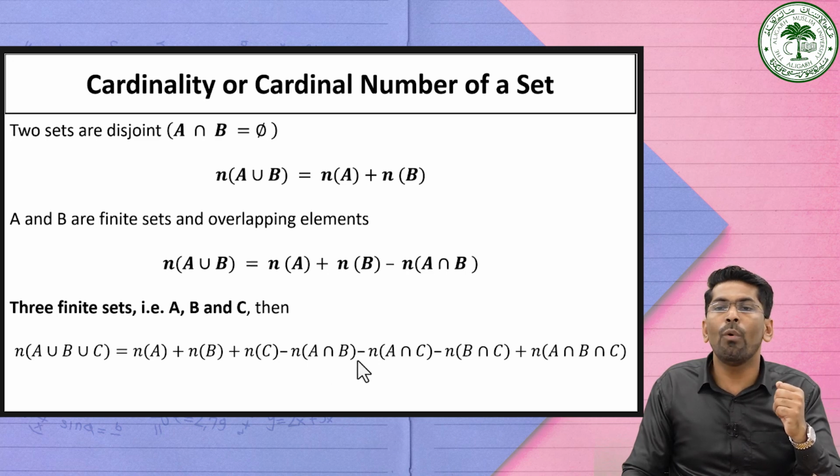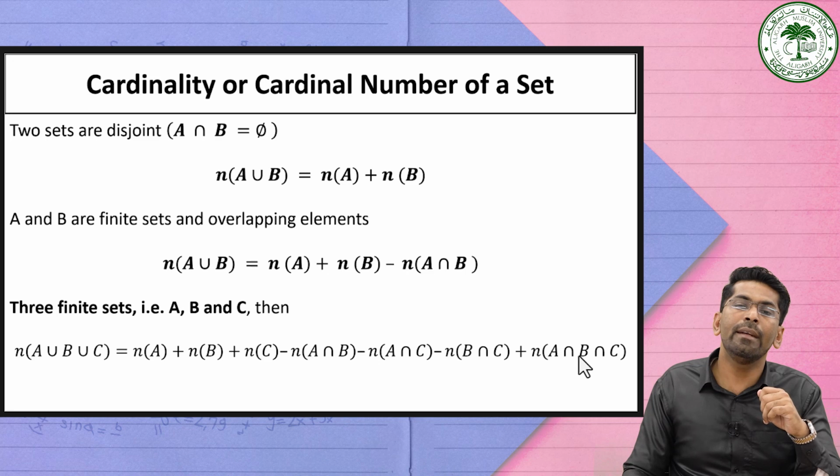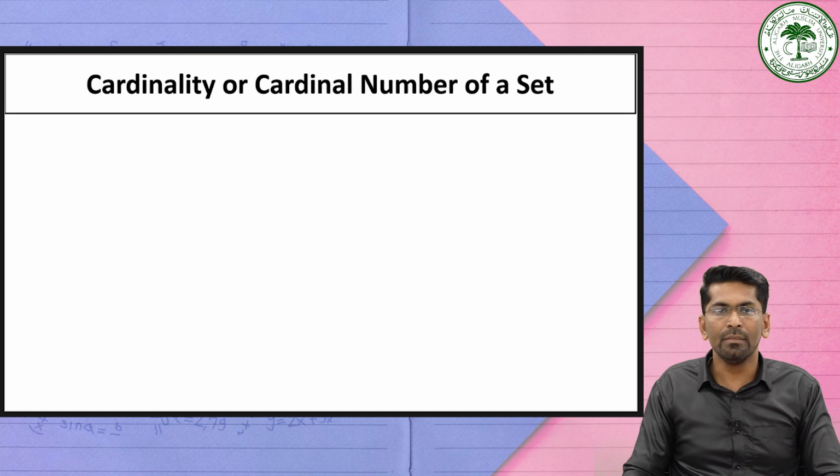So in order to avoid the double counting problem, we take the pairwise intersections and then we add the size of their triple intersection to correct any over-exclusion. The triple intersection is the number of elements in A intersection B intersection C. So by using this formula, you can find the number of elements in A union B union C.